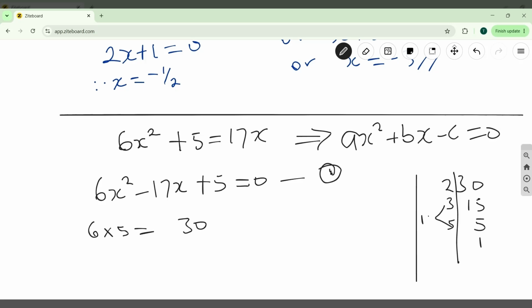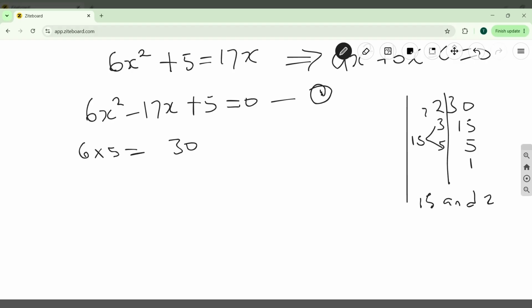3 times 5 is 15 and 2. So we have 15 and 2. Now let's look at how we can use 15 and 2 to get positive 30 and use 15 and 2 to get negative 17. So if we do negative 15 multiplied by negative 2 is positive 30.